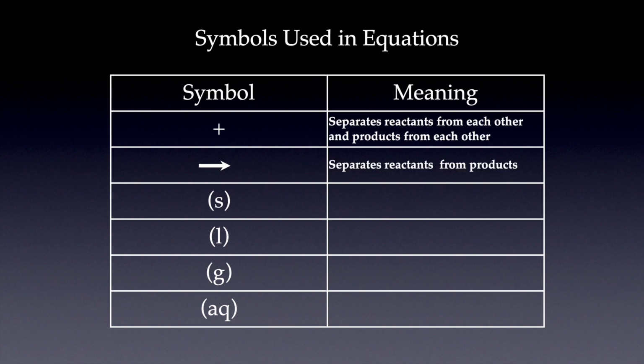The arrow separates the reactants from the products. And then we use these little subscripted letters to identify the state of matter each reactant or product is in. So (s) stands for solid, (l) stands for liquid, (g) stands for gas, and then (aq) stands for aqueous. So that is where you have something dissolved in water or a water solution.